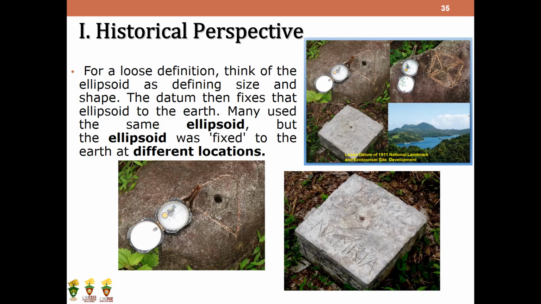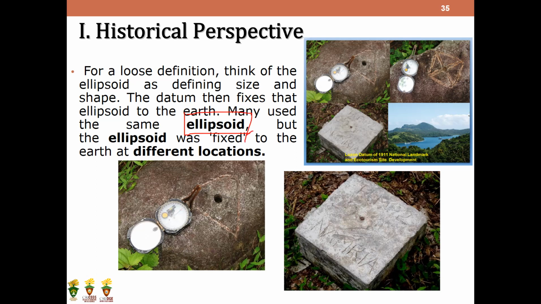For a loose definition, think of the ellipsoid as defining size and shape. The datum then fixes the ellipsoid to the Earth. As we discussed in our previous lessons, the Earth is not a perfect sphere. It is somewhat like a geoid, with variations and an irregular shape. To fit it, we use what we call an ellipsoid.